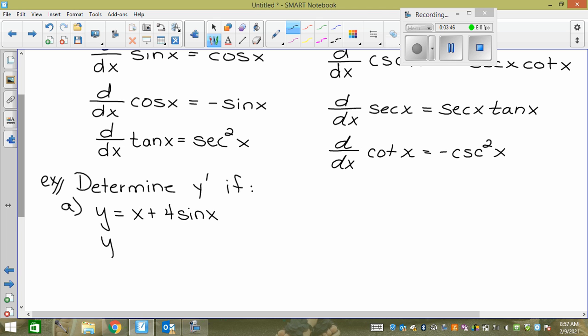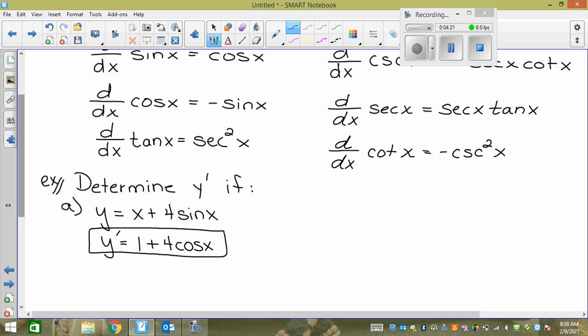So y prime, what's the derivative of x? 1. And we don't have to do product or quotient rule because these are just added. So we can just go ahead and do them. Now when we have a number in front, you just rewrite that number and then take the derivative of this. So what's the derivative of sine? Cos. So it's going to be plus 4 cos x. And that's it.